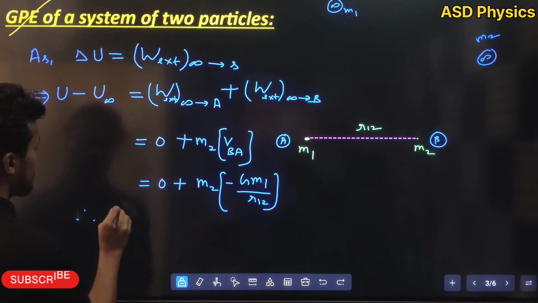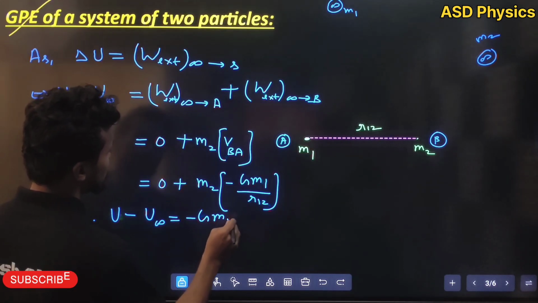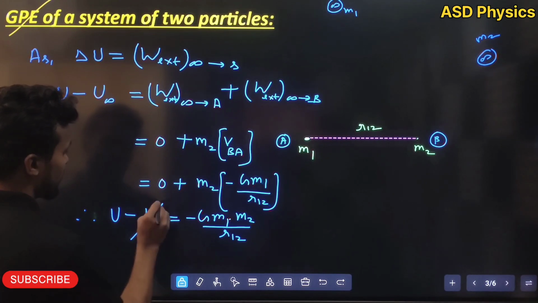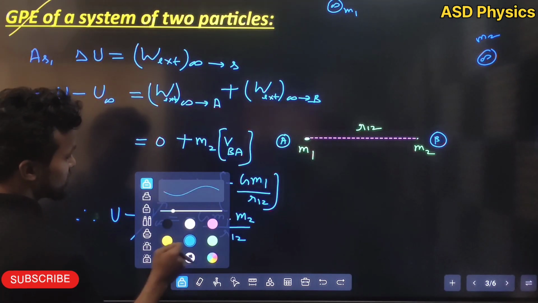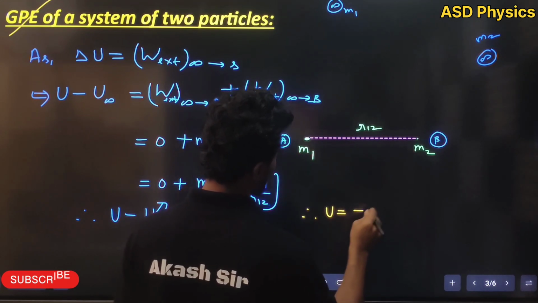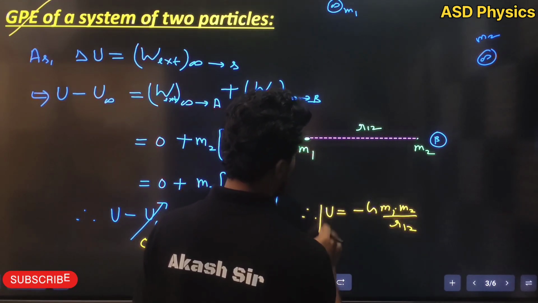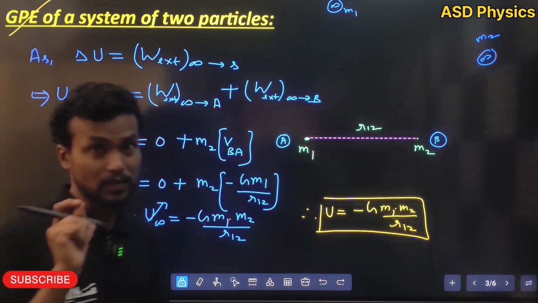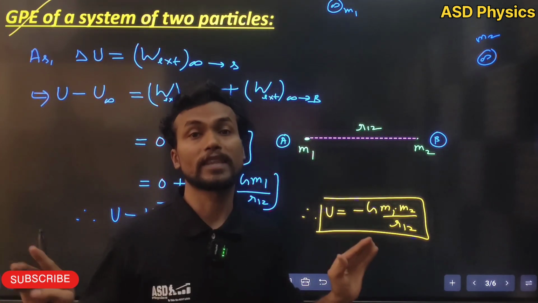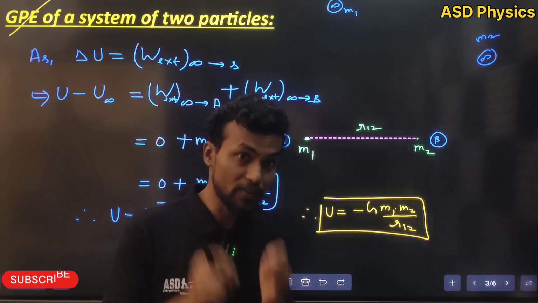Hence U minus U infinity is equal to minus G M1 M2 by R12, and I am considering the potential energy at infinity to be 0. That means our formula is U equals minus G M1 M2 by R12. Remember: when the first mass comes, there is no gravitational field; the second mass comes into the gravitational field of the first mass.